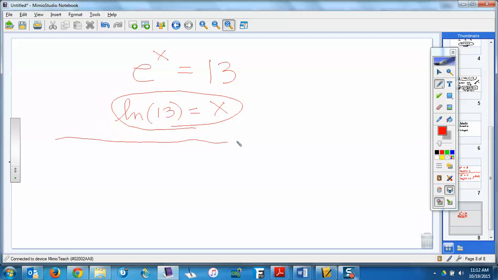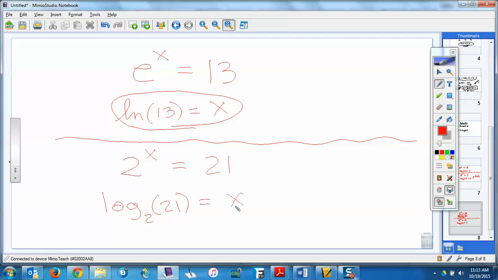Well, if we're going to be using ln's, and you get the problem 2 to the x equals 21, is there any easy number you can just do in your head for that? No. So let's put it into log form. What would you get? Log base 2 of 21 equals x.